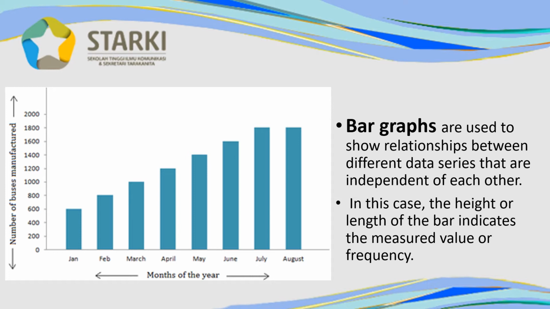We look at the vertical axis, the data here, compared to the horizontal axis. The height and the length of the bar indicate the measured value or frequency.